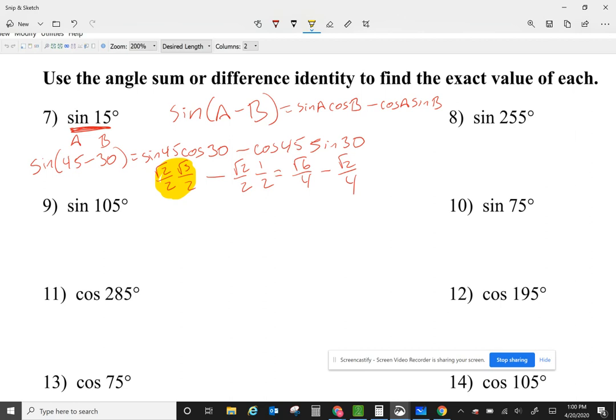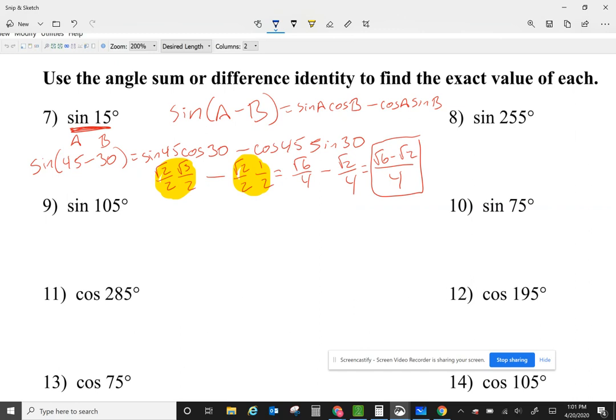And then for the minus part is there. And then for the other part, I just multiply these out. I have a 4 at the bottom, a fraction with a common denominator. So that gives me radical 6 minus radical 2 on the top. This is how I write it. Now, how am I going to type this?